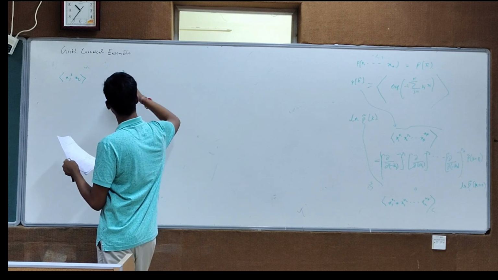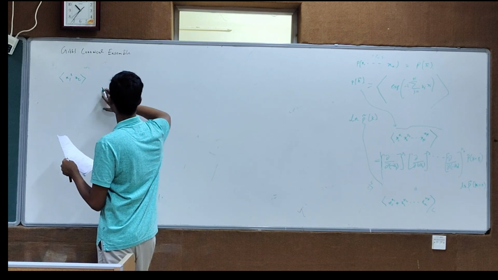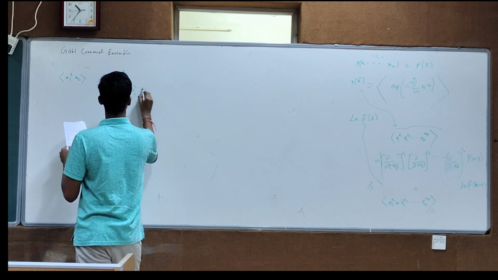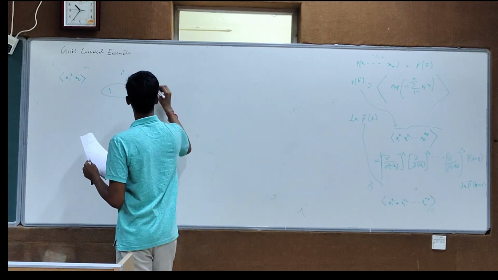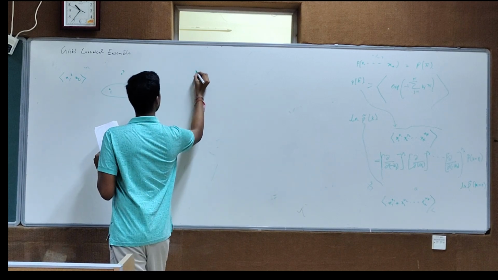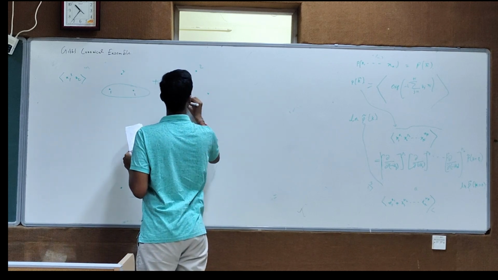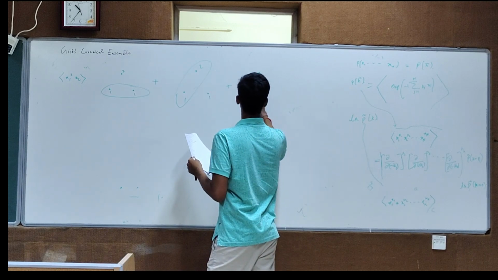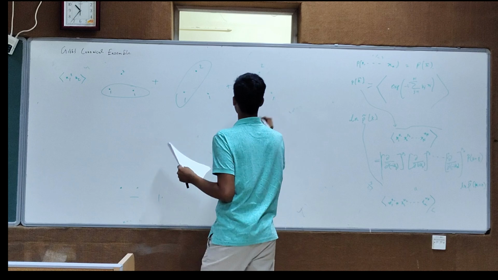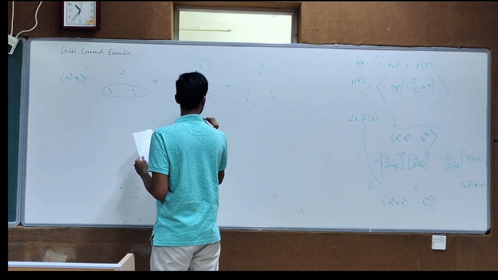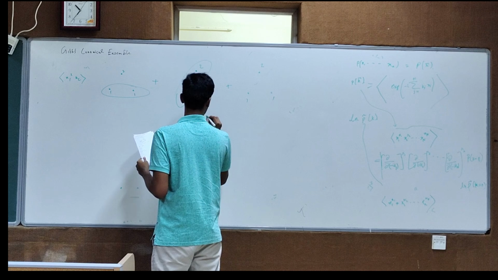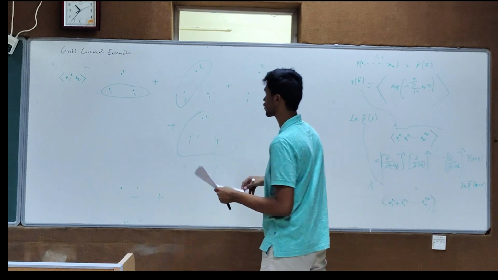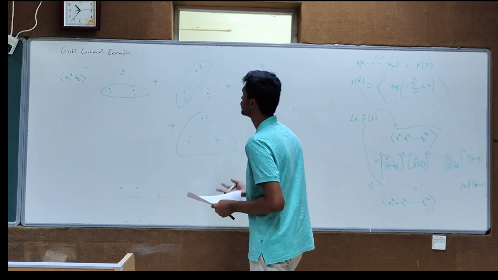Now you take various clusters of this. So this is one cluster, this is one cluster, this is a cluster, and so these are the four kinds of clusters possible.